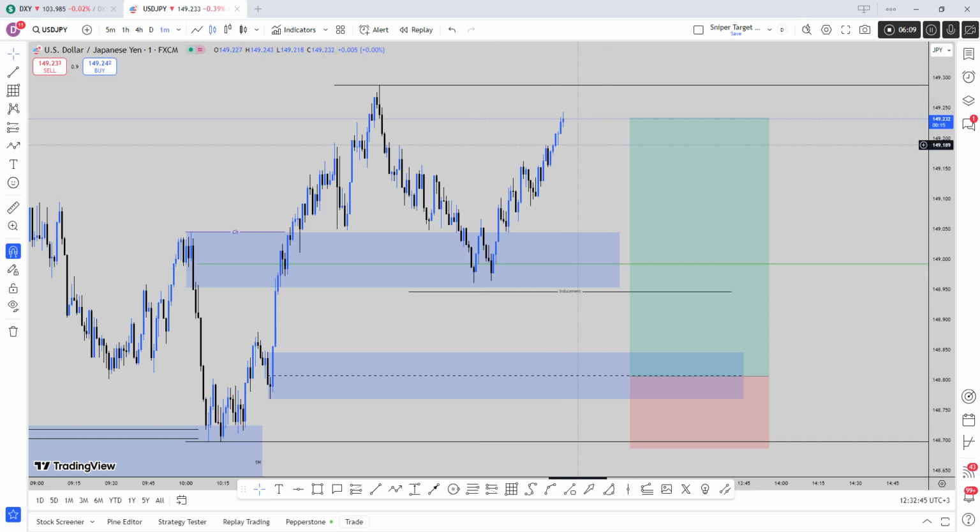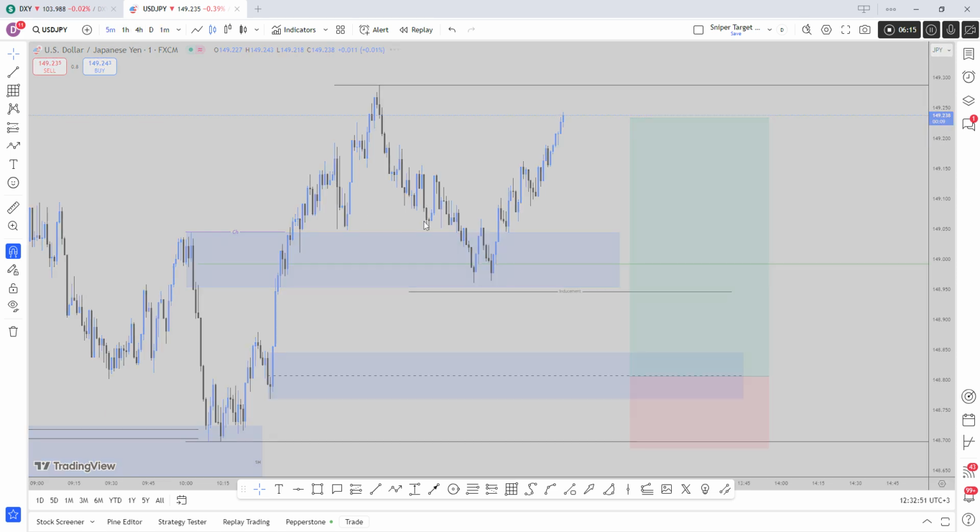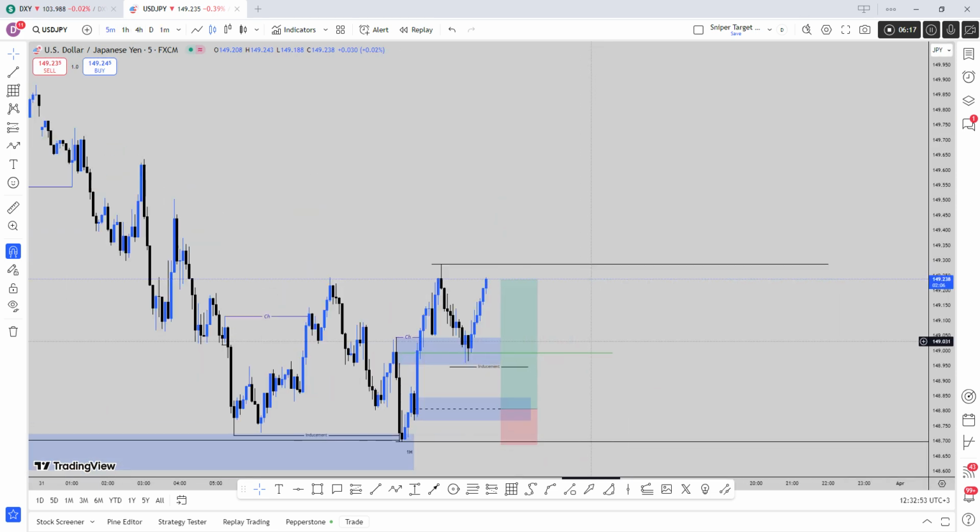So that is the new range that we'd be working with, and that would mean that I'd be looking for my setup or my entry model from this low to probably one of the highs that would be created around here or wherever.